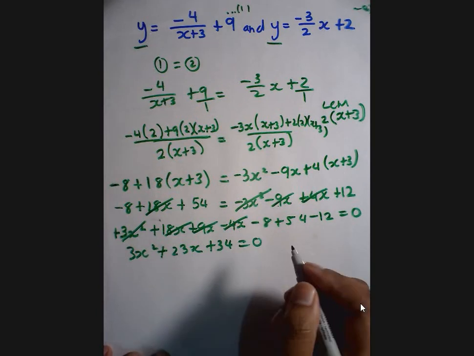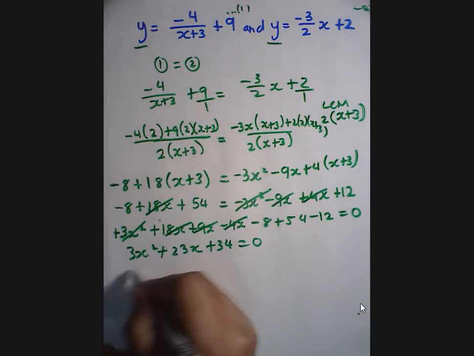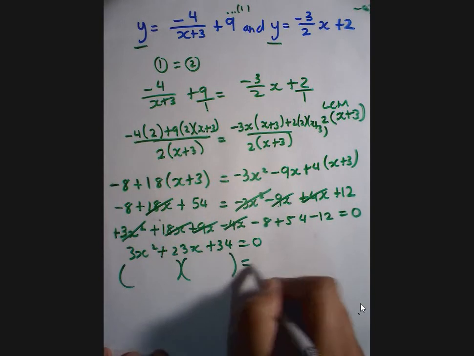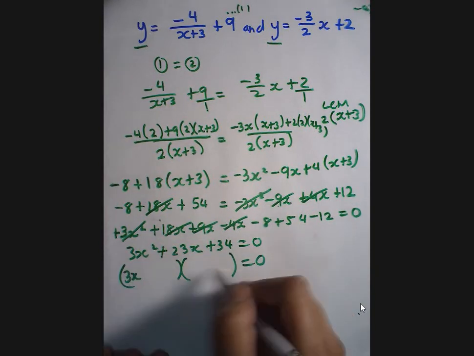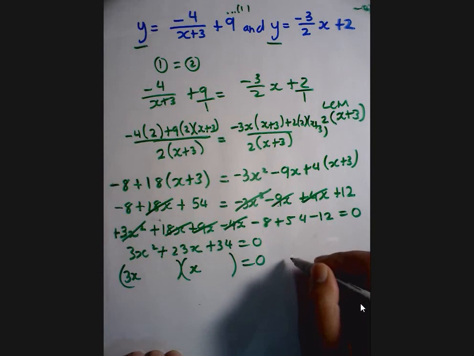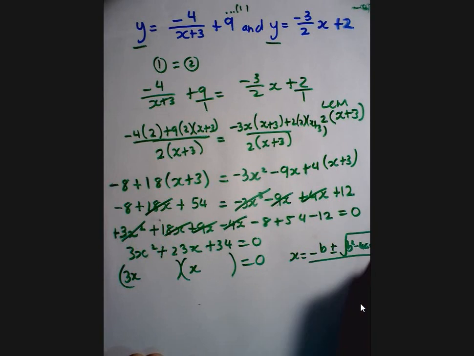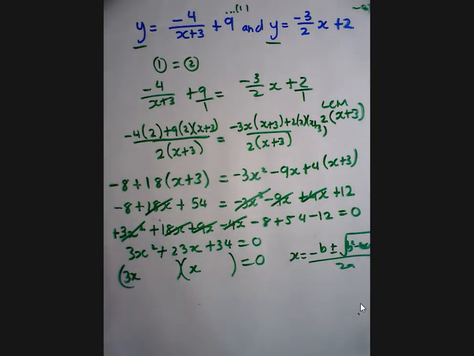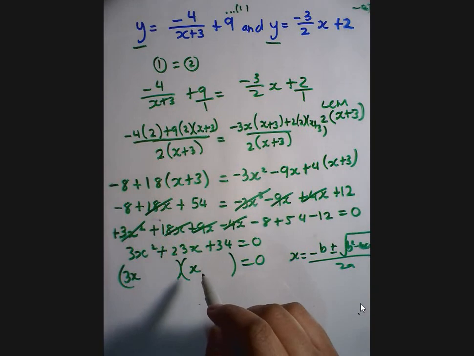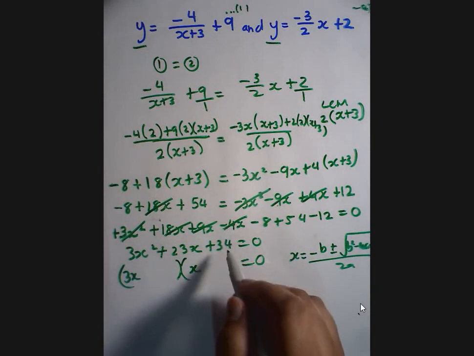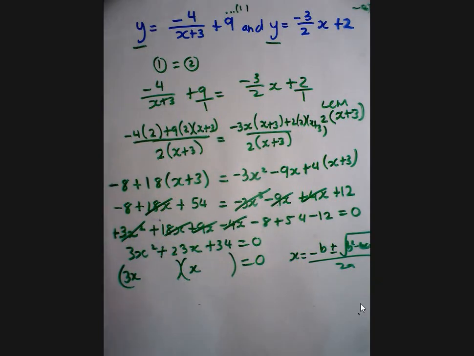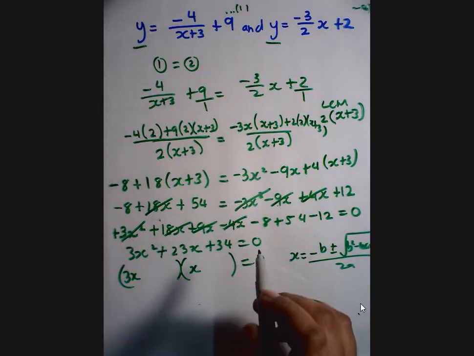Now this is called a complex one. If you know how to do factorization, do it, or you can use the holy grail, which is x equals minus b plus or minus the square root of b squared minus 4ac, all over 2a. You can use that if you can't remember how to do this. So what I'm going to do here is, what are the factors of 34 that will give me 23? 1 times 34, 2 times 17.